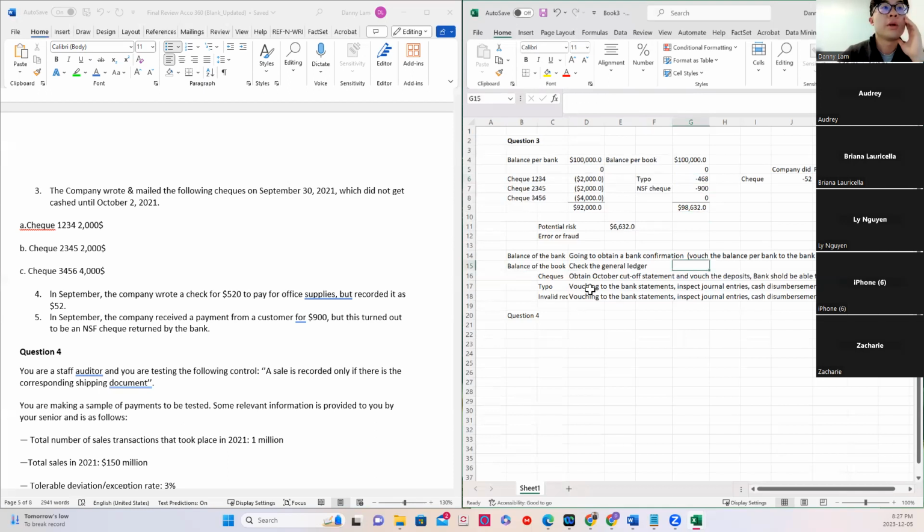Well, for example, for the checks, you would obtain a cutoff statement. So remember, let's say you're auditing the company for September, but it's October 15th. Then let's say they're telling you the other company should cash in the check on, let's say, October 2nd, right?